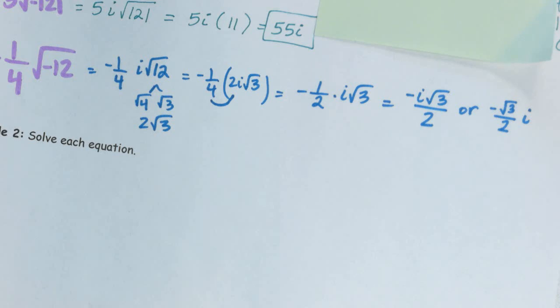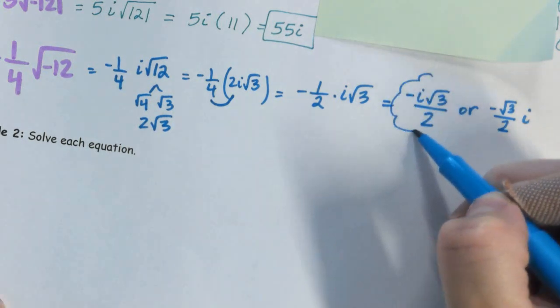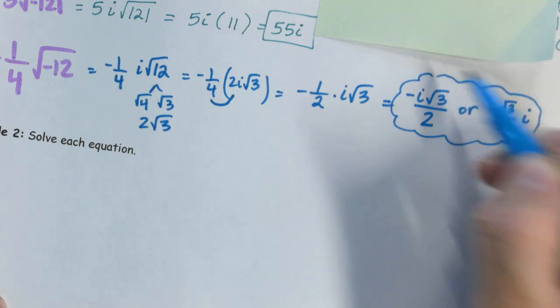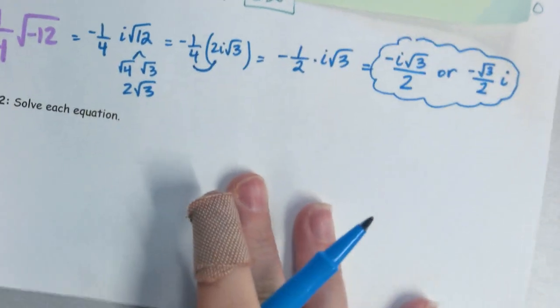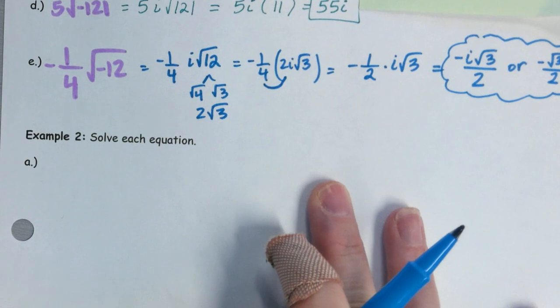So this is similar to in Algebra 1, when you were finding the slope of something, and you had like x over 2. Your teacher might have said, oh, we're going to write that as 1/2 x because we want to see the slope. This is similar to that. We want to see what the imaginary coefficient is. Okay? And so either one of these would be acceptable. All right, questions for me on the first example?